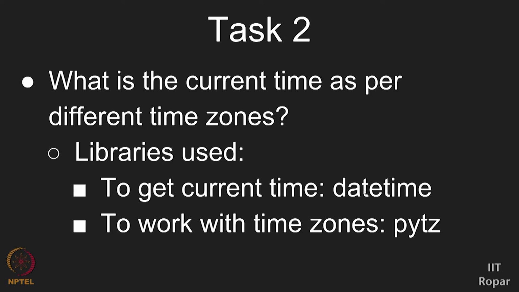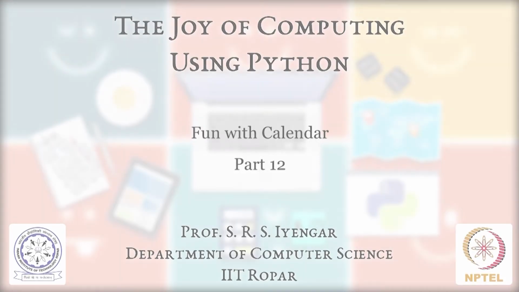And to work with the time zones, we will be using this library pytz, tz for time zone, py for Python. We will be getting the current time and we'll display the time as per the different time zones as an output. So that is what we'll be doing in our task. We'll see that in the next video.